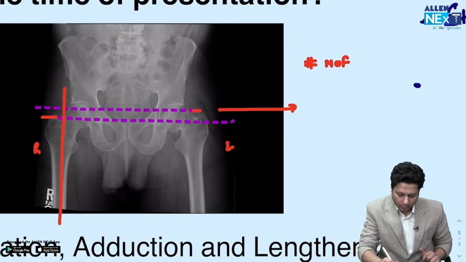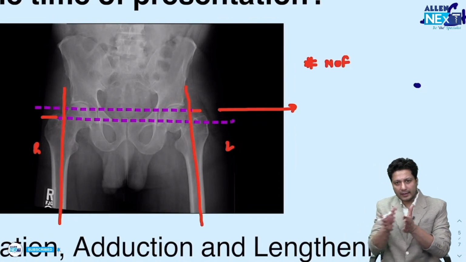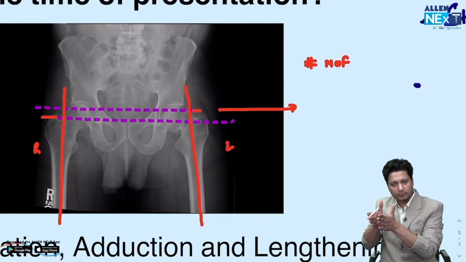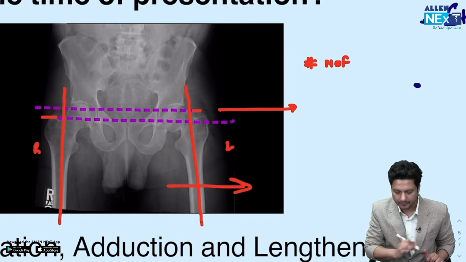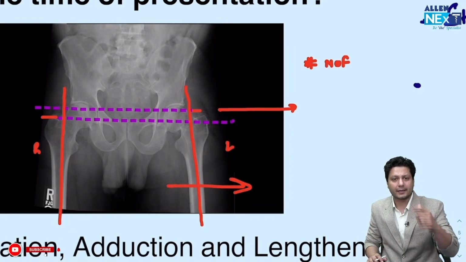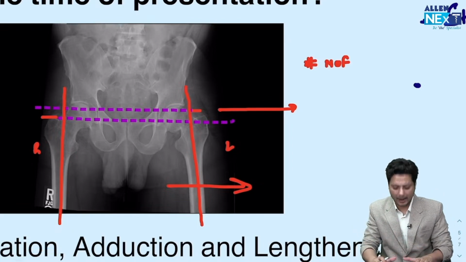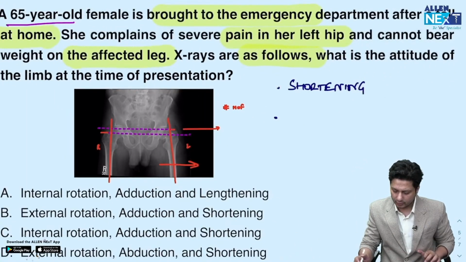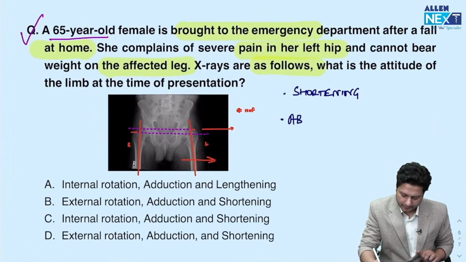But if you look at the axis of the femur on the other side, we can very clearly identify that the limb has moved slightly away from the midline of the body. That means it has moved into abduction. So, one of the critical findings that you can make out from the X-ray is the shortening, and the other one is the abduction. So, the second thing that you can make out from this X-ray in particular is the abduction.